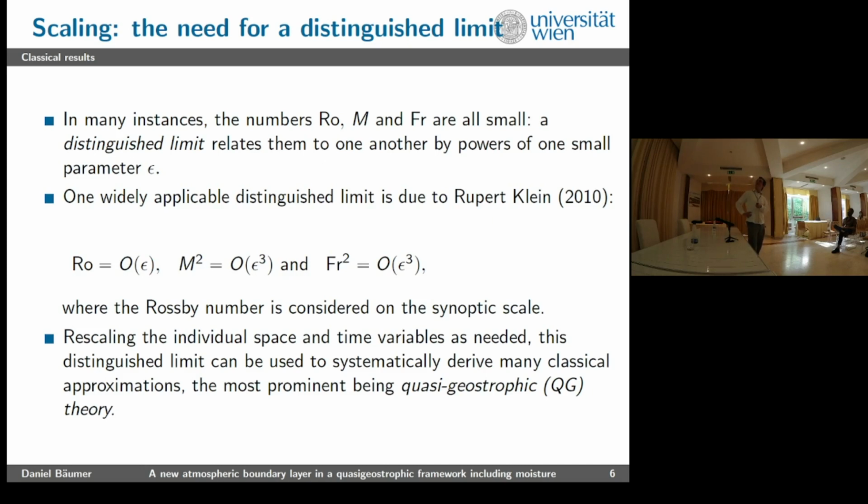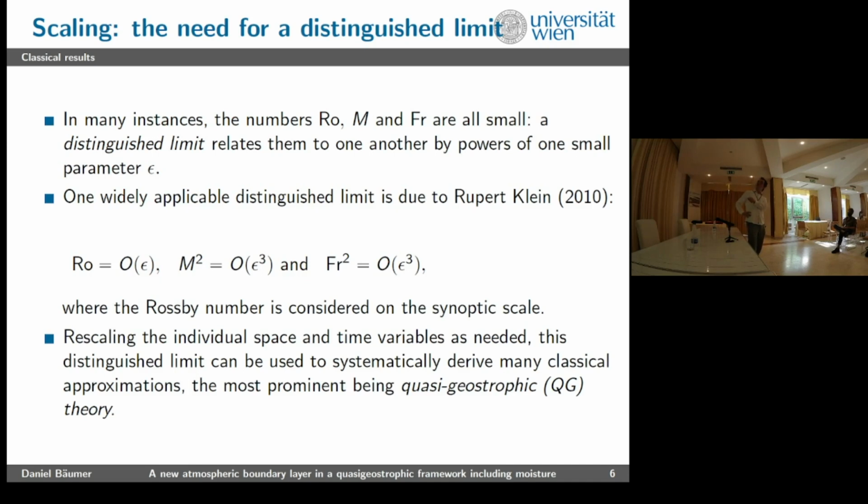And now, I didn't actually mention that this is the limit that we will be using. So the Rossby number is of the order epsilon, and the squares of both the Mach and Froude number are epsilon to the third. Actually, in many instances, those two are equal.